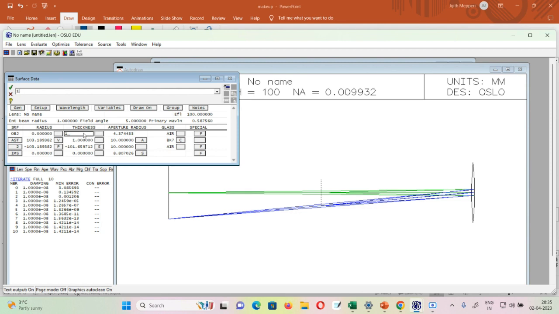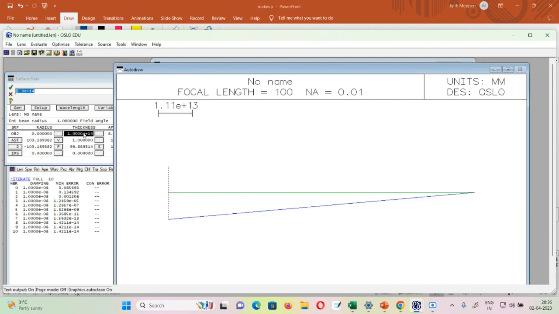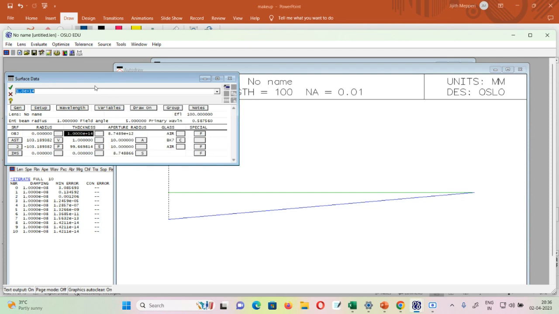Now I am going to put my object distance very far away, 1 into 10 raised to 40. So you are seeing the object only, not the lens.